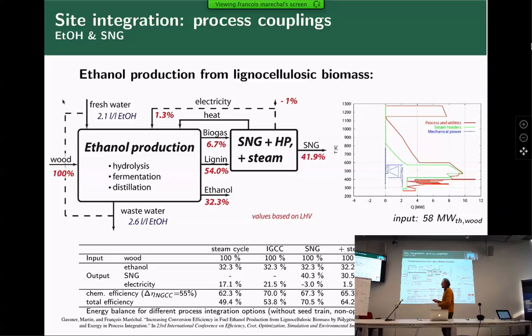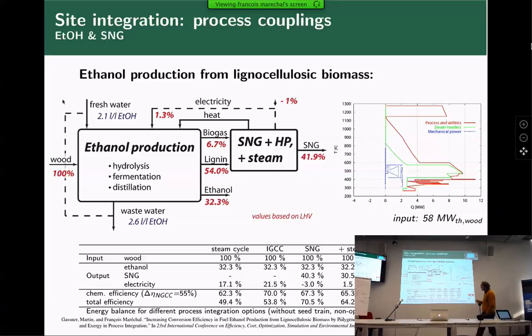So we are taking the heat which is below the pinch and sending it above the pinch because we need heat for the ethanol production here. And by doing this, then we reach an efficiency of this one in which we have improved the overall production and we have exported electricity.